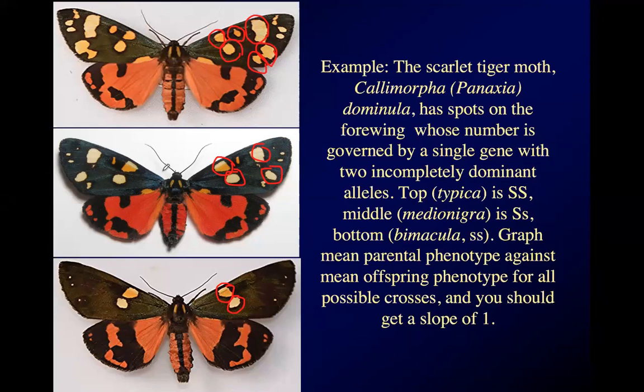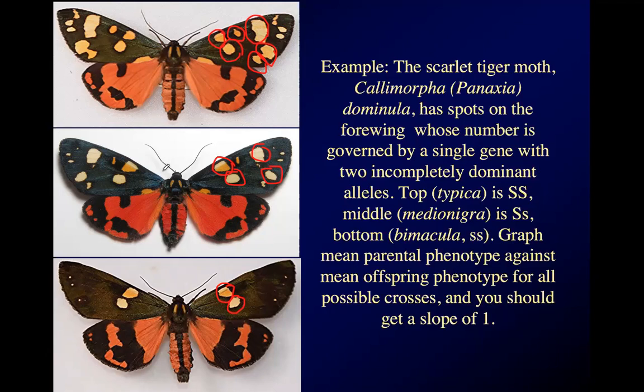In the real world, everything that's making these moths different from each other, at least as far as wing spotting goes, everything that makes them have different numbers of wing spots is the number of big S alleles that they've got. So their variance is entirely additive genetic variance.